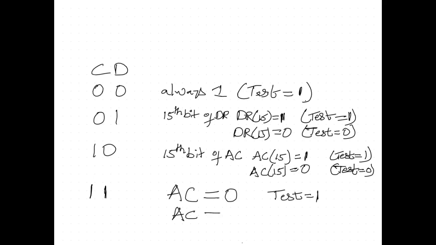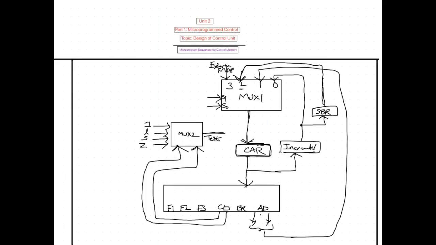If AC is not equal to 0, test is equal to 0. So based on these CD bits, we are getting output test. Like this we get a test output from MUX2.